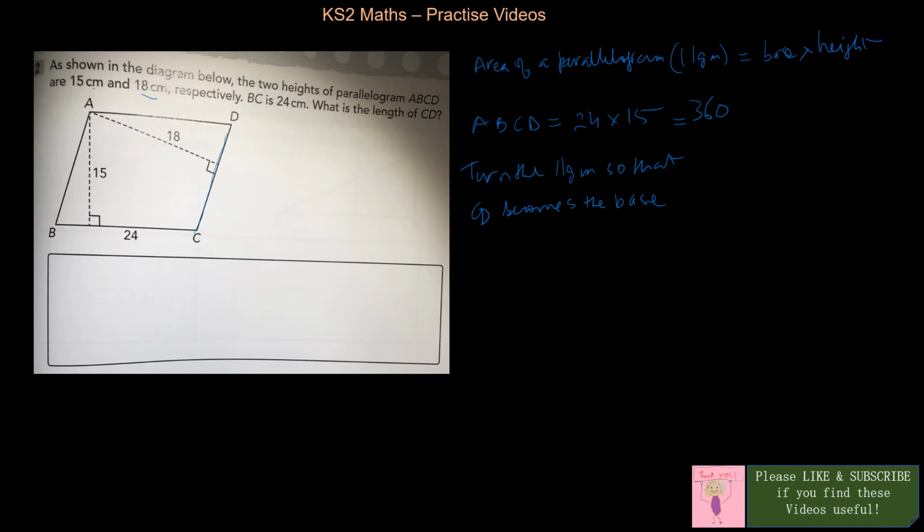If we redraw the parallelogram now, we will see that CD is the base, and this is A, and this is B. If CD is the base, then the height is 18.